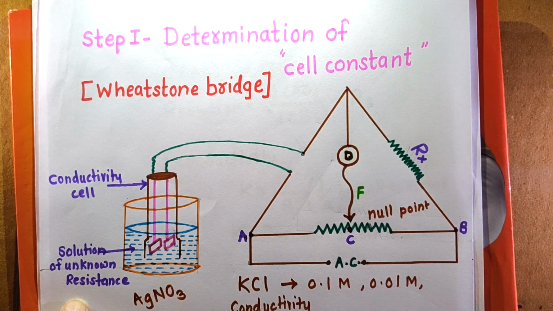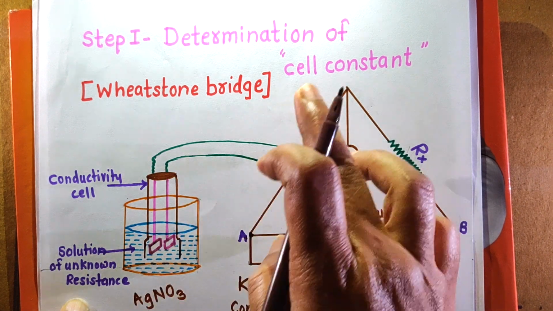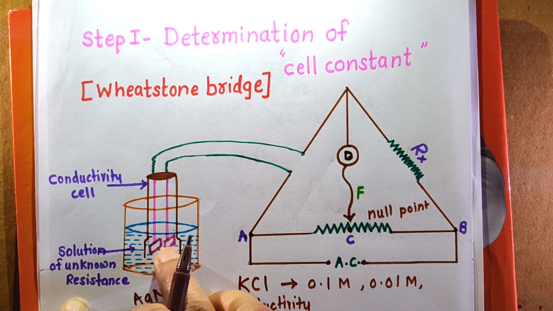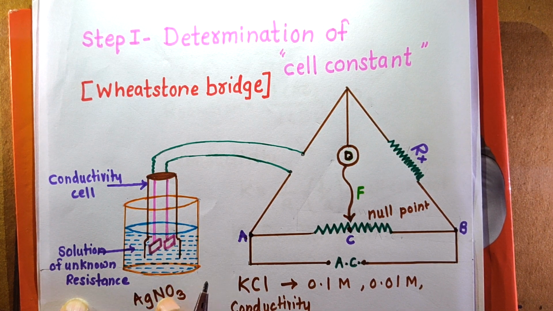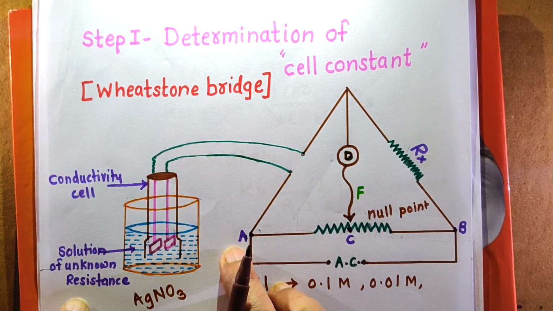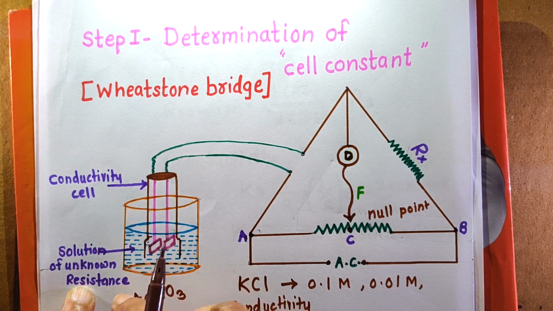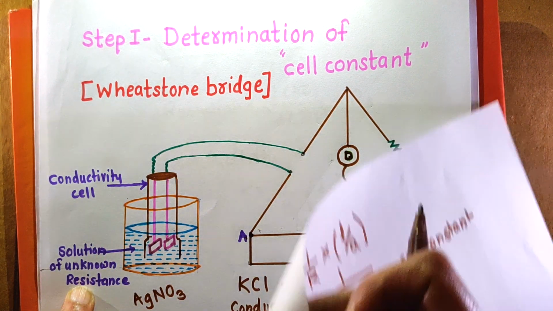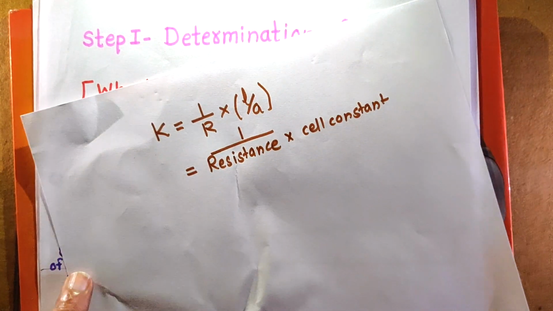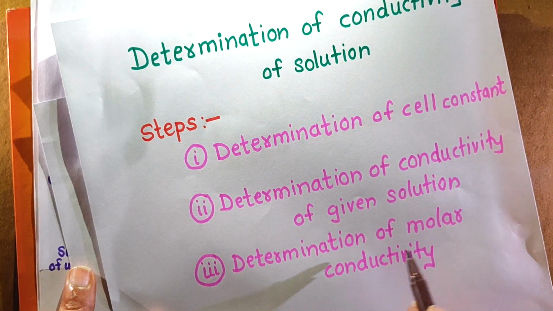For this we have to take the same conductivity cell whose cell constant is known to us, and by using this conductivity cell the resistance of the solution we have determined by repeating the same procedure. Now you know the resistance, you know the cell constant, and by using the formula we can determine the conductivity of the cell.